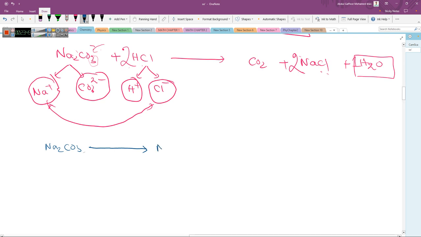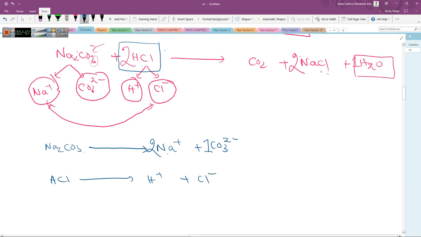So this will dissociate as Na plus and CO3 2 minus, and we will have 2 Na plus and 1 CO3 2 minus. Now we have 2 HCl molecules. One HCl will dissociate as H plus and Cl minus, another HCl will dissociate as H plus and Cl minus. Now here you can see we have two positive ions and two negative ions, right? So these will form NaCl.